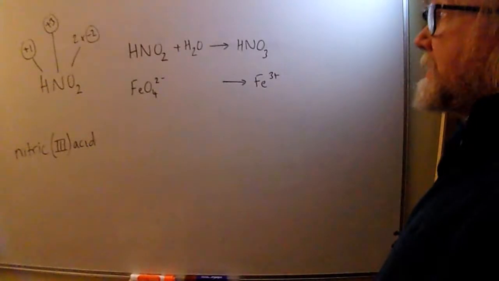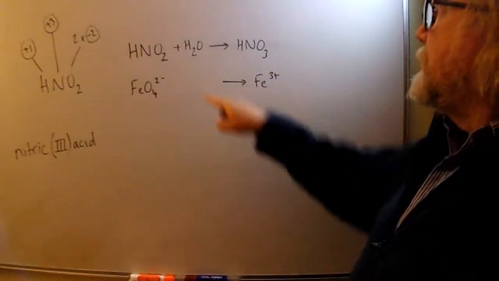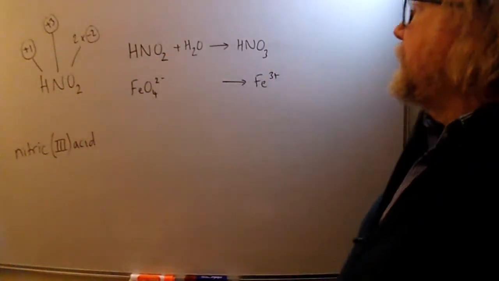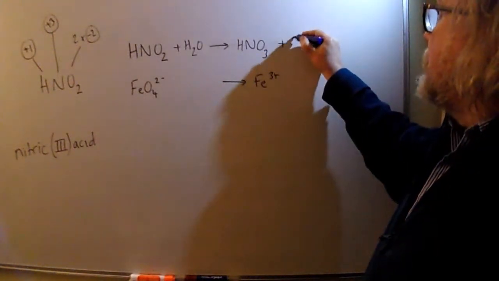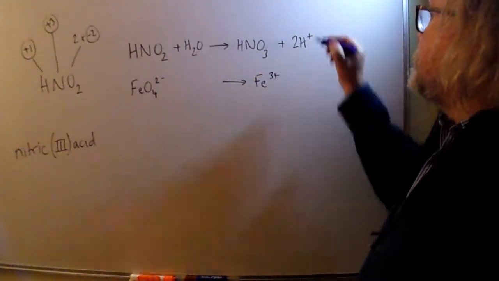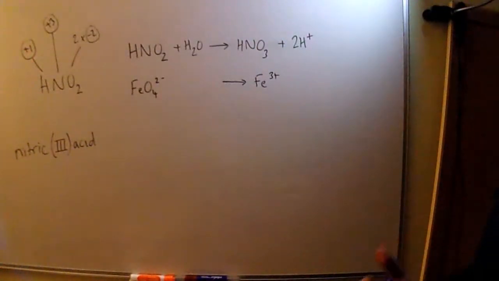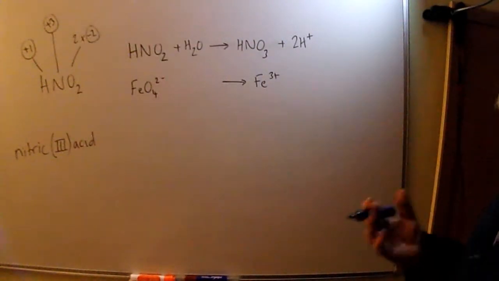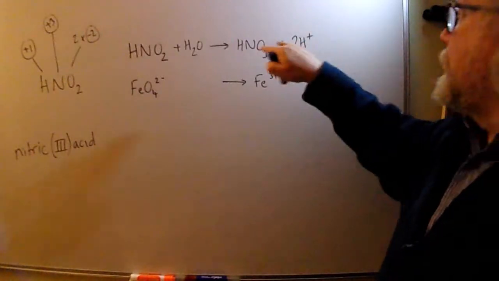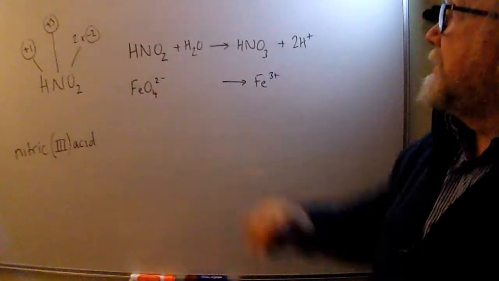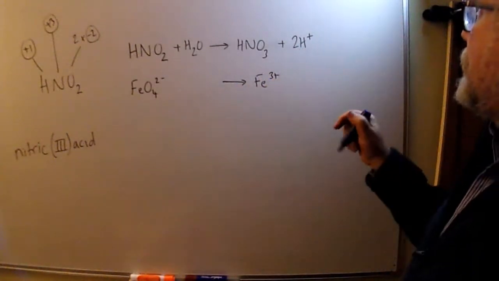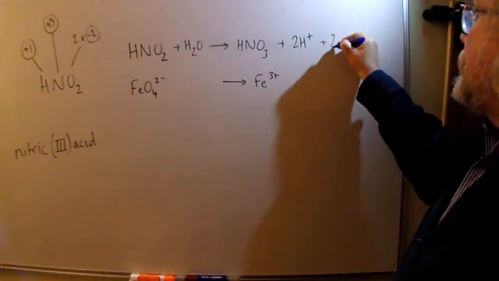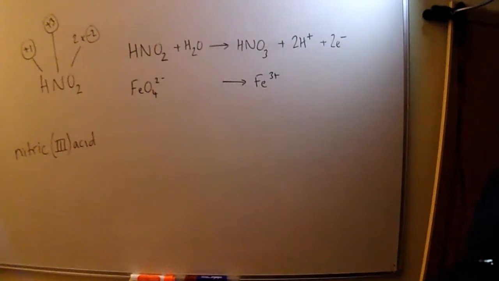Now the oxygens balance, but the hydrogens don't, so that's what we do next, because we've got 1, 2, 3 hydrogens on the left, only 1 on the right, so we need 2H+. And finally we balance the charges by putting electrons in, and you can see we've got 2+ on the right, 0 on the left, so it's 2 positive on the right, therefore the electrons need to go on that side. Okay, so you put the 2 electrons in there.